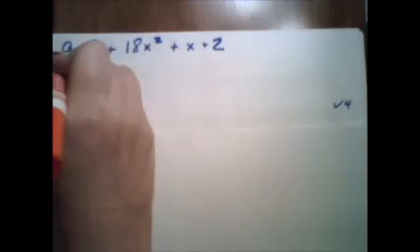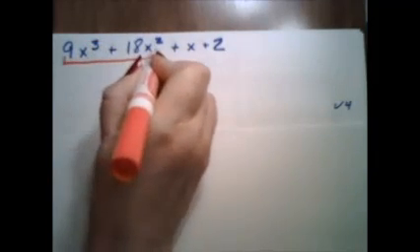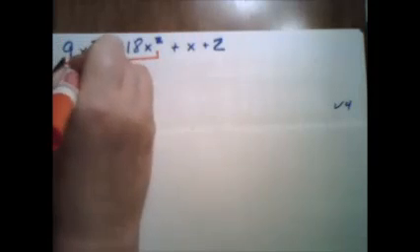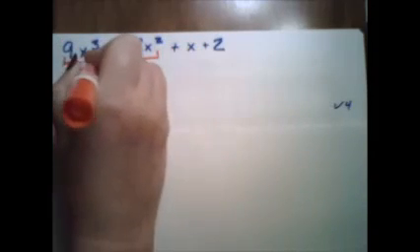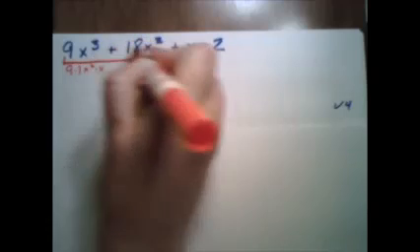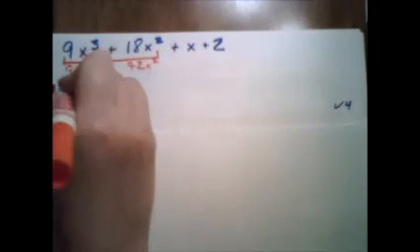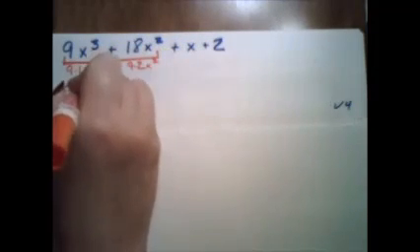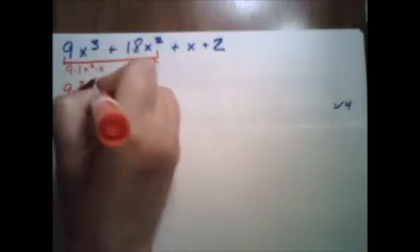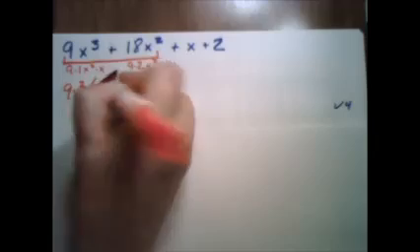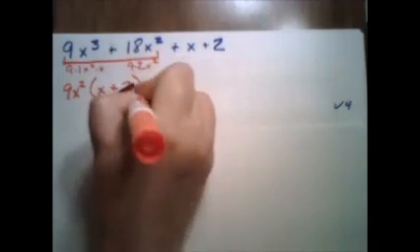Here I have 4 terms, so I'm going to look at the first 2. And this is 9 times 1 and 9 times 2. And this has x squared plus an x, and this has x squared. So I'm going to take out that 9x squared that they have in common. And that leaves me with x plus 2.